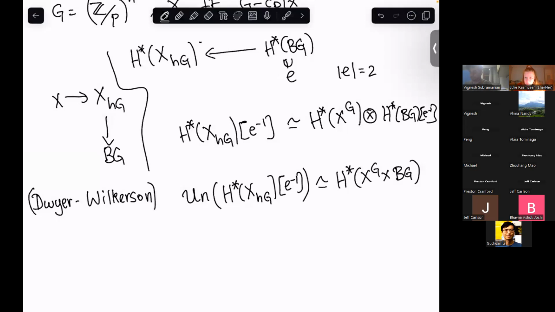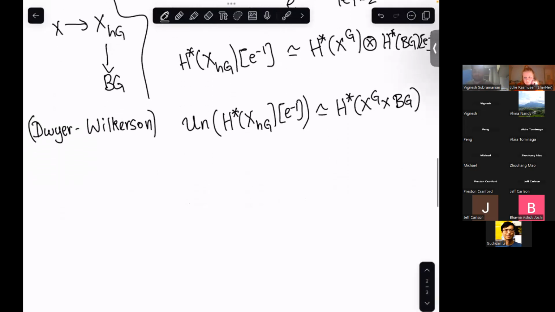What is happening here is that once you localize this, you can give this as a module over the Steenrod algebra structure, but it's going to be situated in all sorts of degrees, both in positive direction and negative direction. And if you want to make it into a cohomology of a space, it puts certain constraints as a module over the Steenrod algebra. In particular, you can identify which classes are stable and which classes are unstable, and you only pick out those classes which are unstable. I'm not going to talk too much about what these unstable classes are.